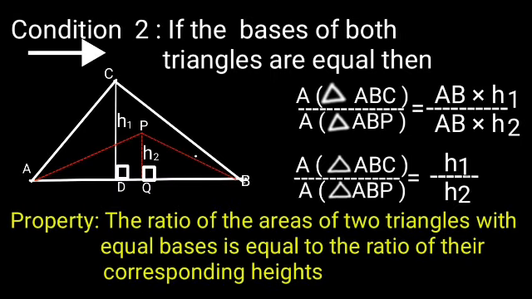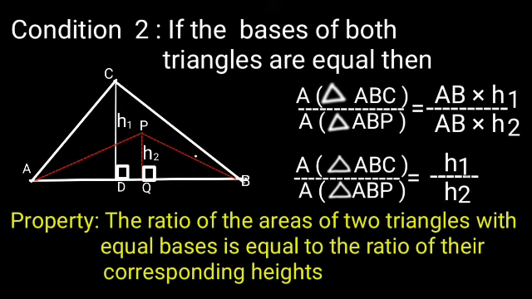Condition second: if the bases of both triangles are equal. In this figure, triangle ABC has base AB and height H1, and the second triangle ABP has base AB and height H2. From these two triangles we can say that base AB is equal and common.